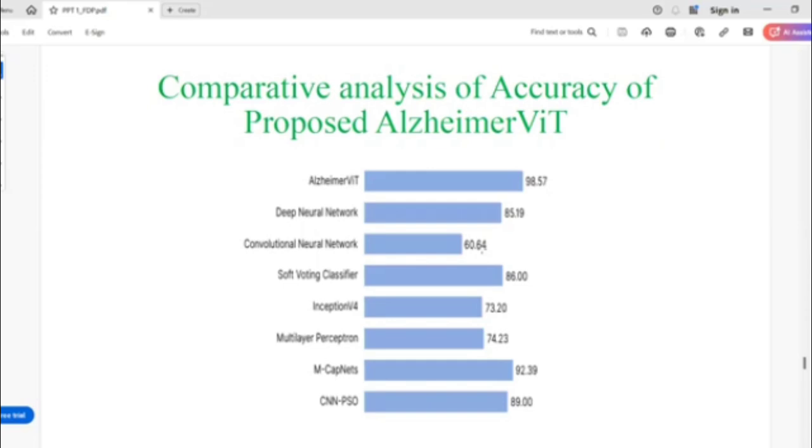The reason why I am presenting this particular case study is that the OASIS-3 dataset has 3000 records. 3000 records is not sufficient for suggesting a good model. So we need to go for augmentation techniques, but we haven't done any augmentation techniques in our experimentation. For lightweight datasets, one of the best methods in CNNs is MobileViT.